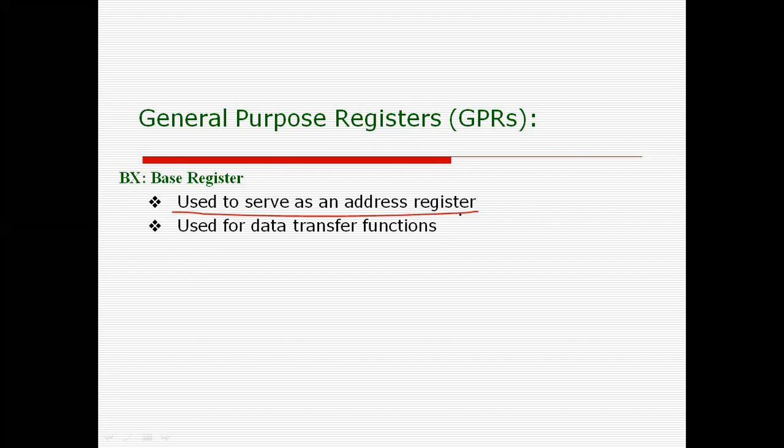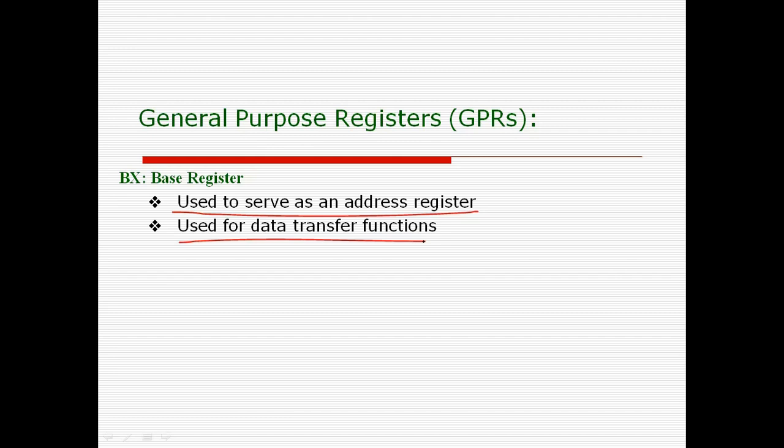This BX register can be used to refer the offset or effective address of the stack pointer. Okay, and the BX register can also be used for data transfer functions. You can use BX or BH or BL to store the data, 8-bit data for BH and BL, and to store 16-bit data we can use the BX register.